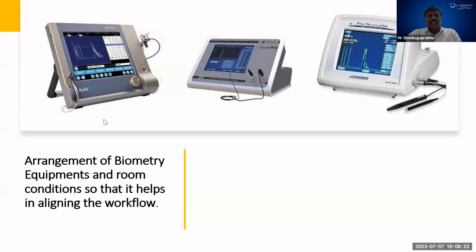Then comes the A-scan. A-scan is also one of the vital equipments, as it is based on sound velocity to determine the axial length. Sometimes, because of lens opacity, optical biometry becomes a challenge. In those cases, the A-scan will be a critical part of it.